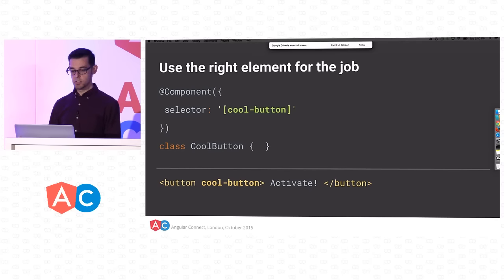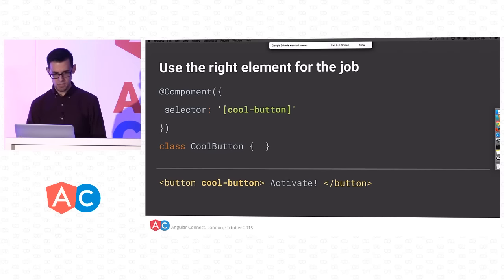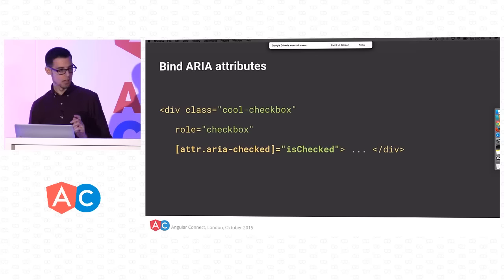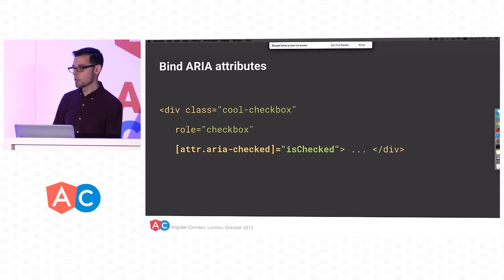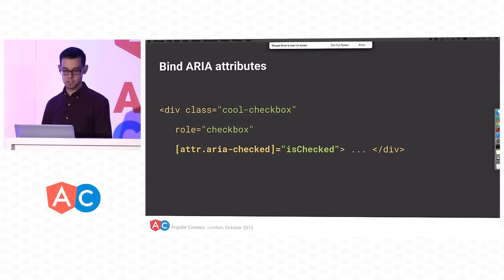If we were to use an element selector and create our own tag called cool button here, we would lose all of that. Now, using native elements is good, but sometimes it's not enough, and you have to mark up your template with ARIA attributes in order to tell some screen readers how to present content for vision-impaired users. With Angular 2, you can set up bindings on ARIA attributes in the same way that we've seen for properties like value and disabled.